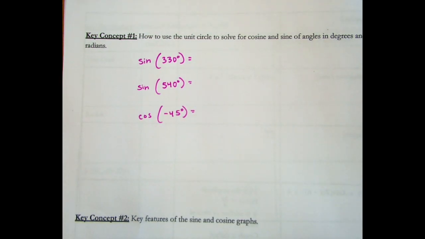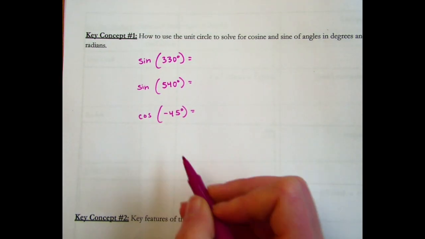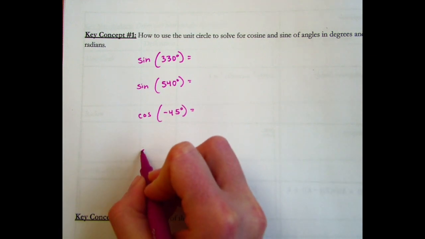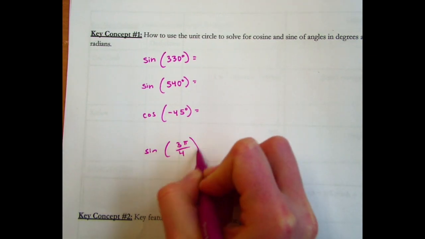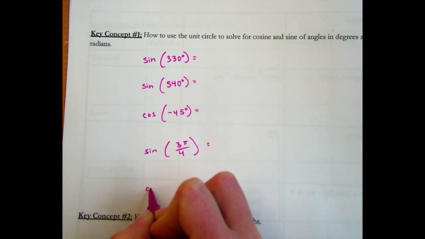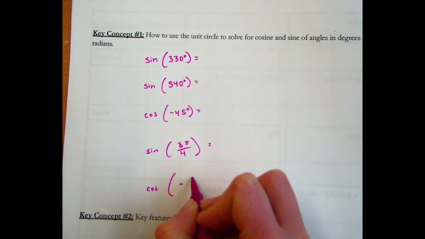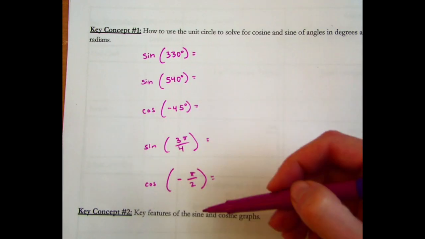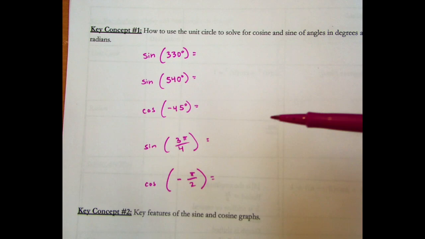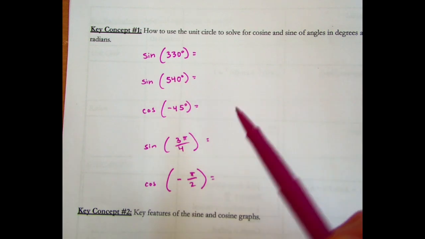We'll go over that. And then we'll do 2 examples of radians. We'll try sine of 3 pi over 4, and then cosine of negative pi over 2. This covers the gamut of all the different types of cosine and sine questions you'll be asked to evaluate.